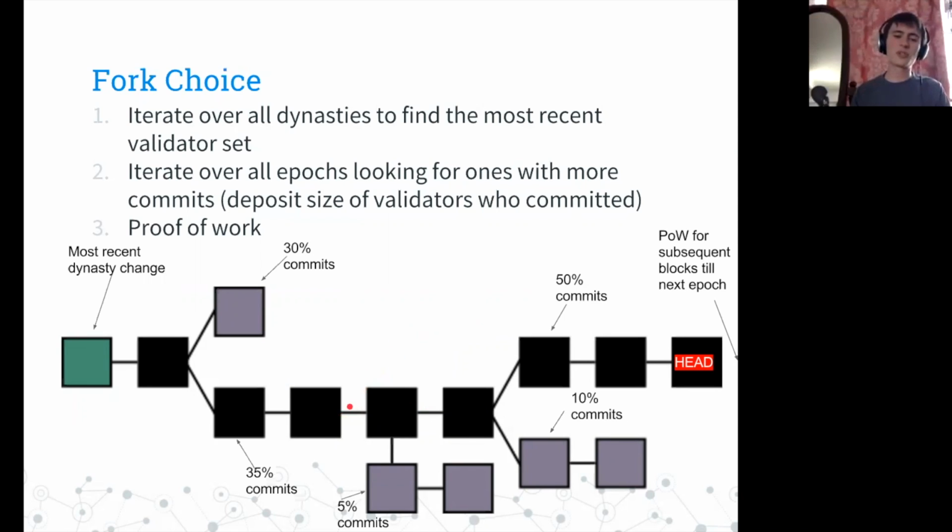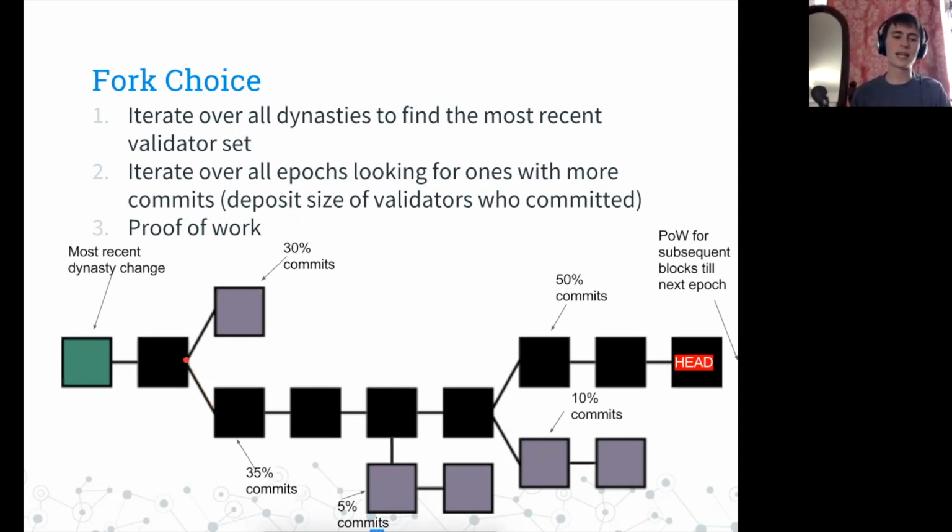Yes. So in this diagram, each one of these blocks represents the 100th block, the 200th block, 300th block, 400th block, 500th block, 600th block. In other words, the first epoch, second epoch, third epoch, fourth epoch.